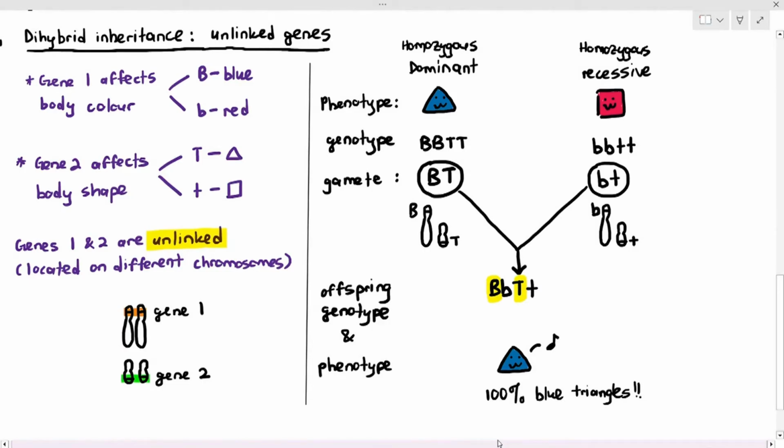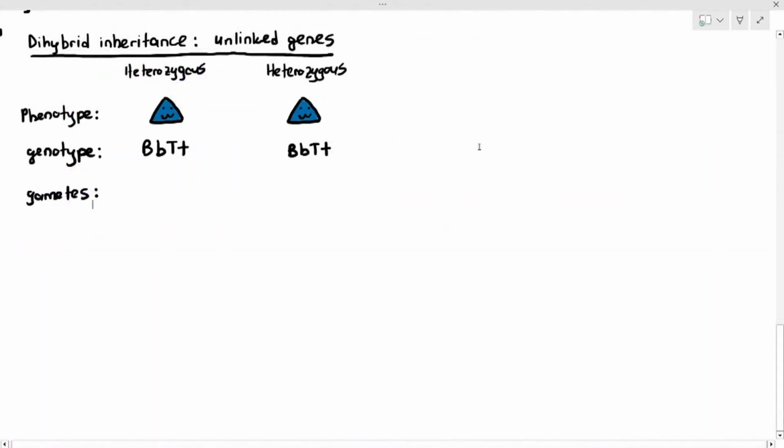So let's make it even more complicated. Okay, let's take two heterozygous organisms, large B, small b, large T, small t, bred together with large B, small b, large T, small t. In this case, here is where it becomes complicated. I'm drawing out the chromosomes on the right over there, unlinked, 4 chromosomes, as you can see there.